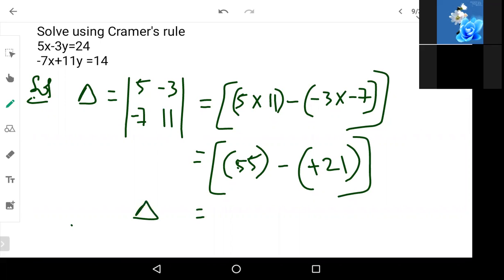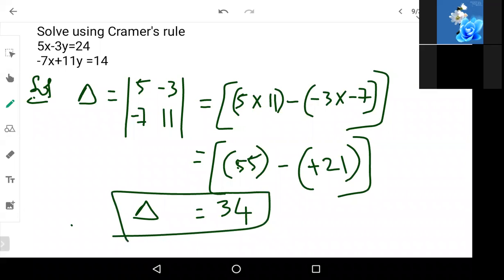So the value of delta is 55 minus 21 is 34. How did I get plus 21 here? Minus 3 into minus 7. Minus into minus is plus. So the value of delta is 34. Everybody got 34? Anybody has confusion here?